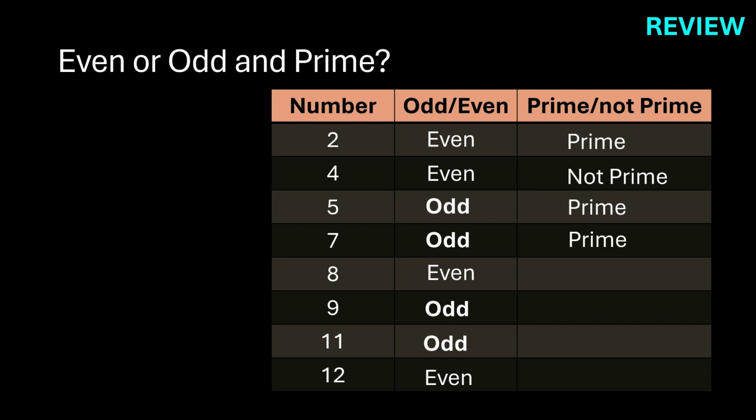They both each have 2 factors exactly. 8 is not prime. It has factors 1, 2, 4 and 8. So clearly more than 2 factors. And 9, as we discussed earlier, is not prime. 11 is prime. It has exactly 2 factors, 1 and itself. And 12 is not prime.